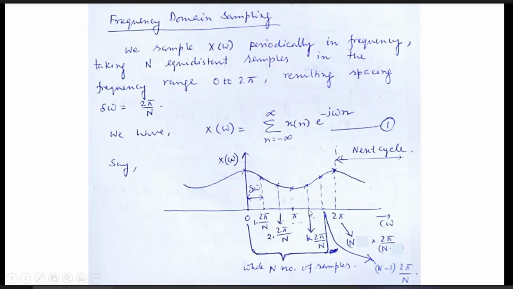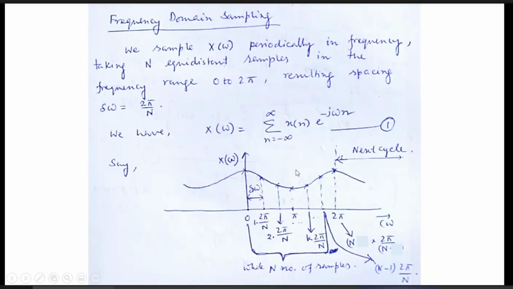So the kth sample exists at omega k equal to k into 2 pi by N. You can see that the sample just before 2 pi is at N minus 1 into 2 pi by N, and N into 2 pi by N is 2 pi.